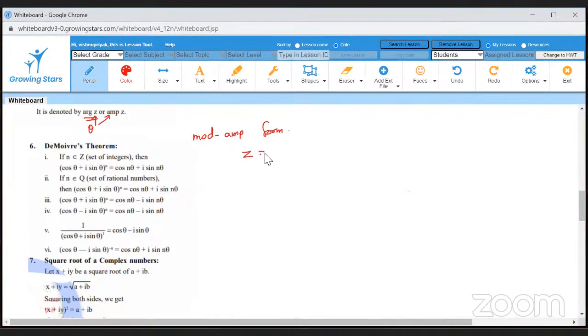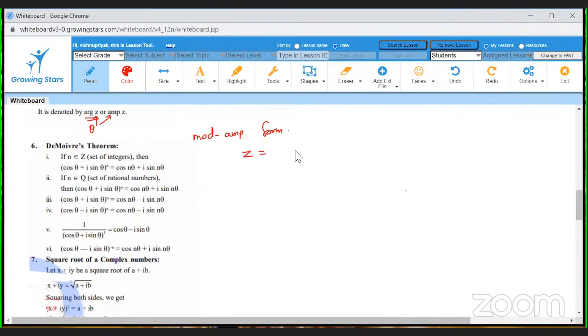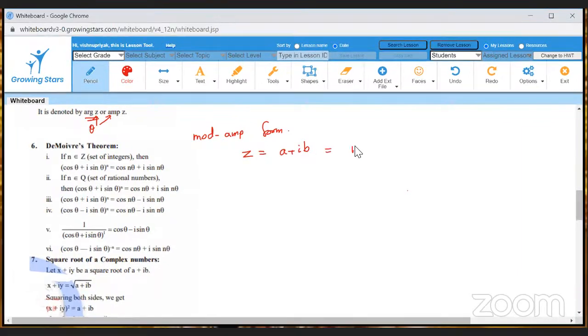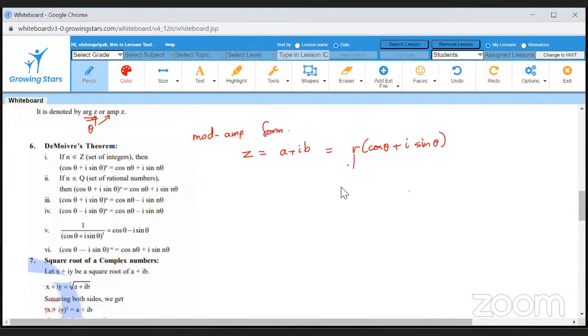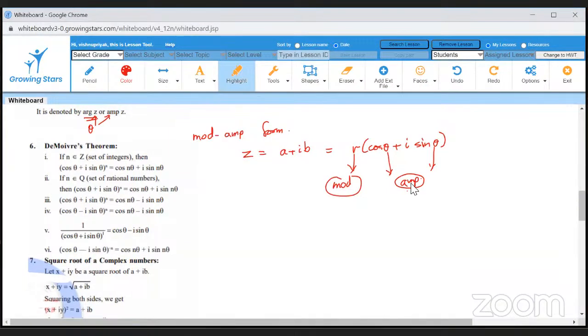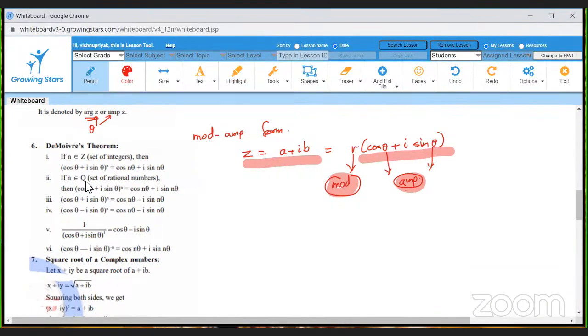Every complex number Z, that is A plus iB, you can write it as R into cos theta plus i sin theta. R is the modulus of the complex number and theta is the amplitude of the complex number. Using modulus and amplitude, you can write every complex number in this form. This form is called mod amp form.